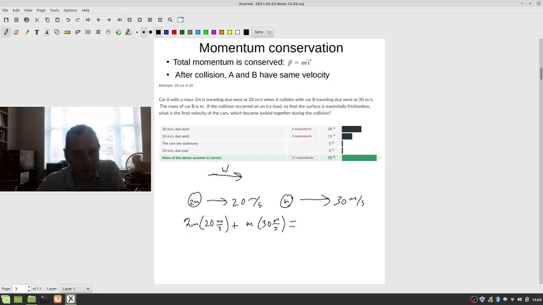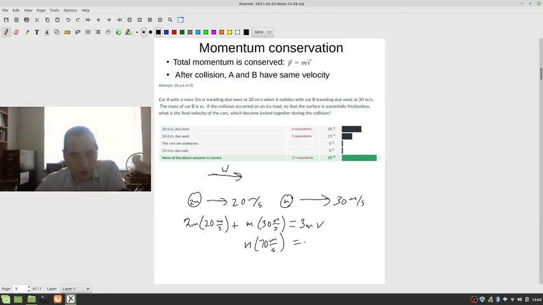So 2m plus m is 3m times this velocity of both of them stuck together. I can easily do that because 40 plus 30 would give me m times 70 meters per second, which equals 3mv.